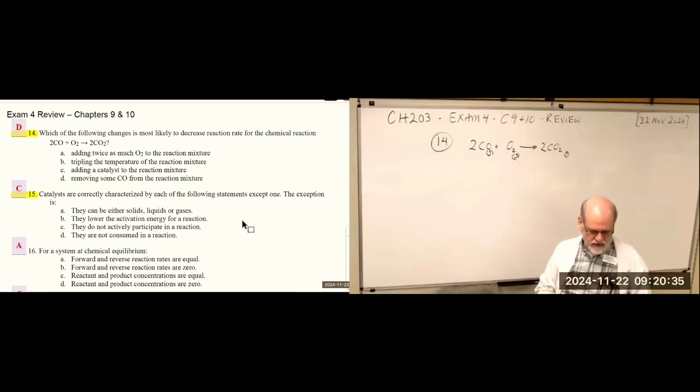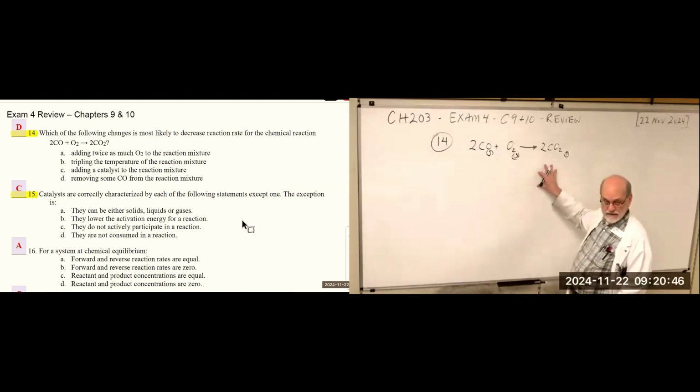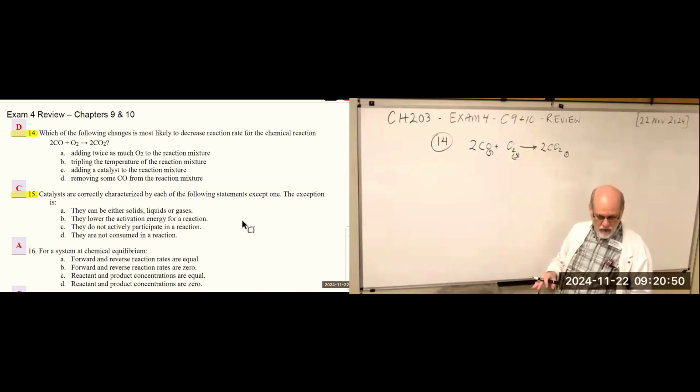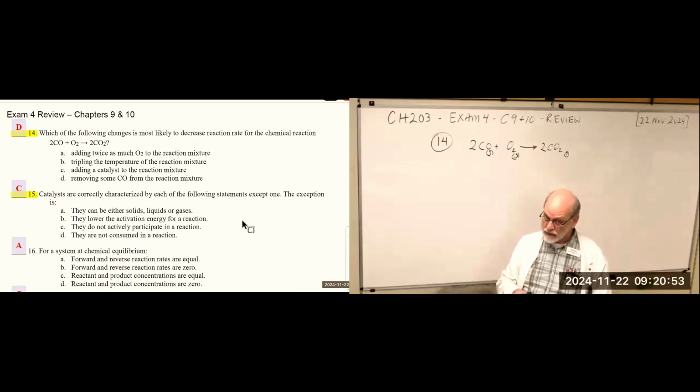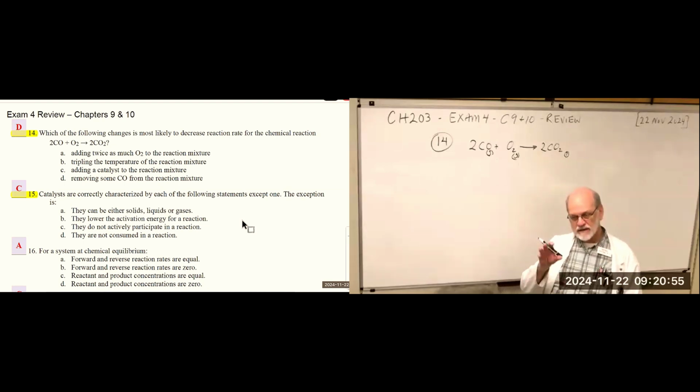Triple the temperature of the reaction mixture. Well, we can't say anything. We cannot deduce anything from the reaction as given about the reaction rate. We might be able to say something about equilibrium. Remember, rate and equilibrium are two concepts.